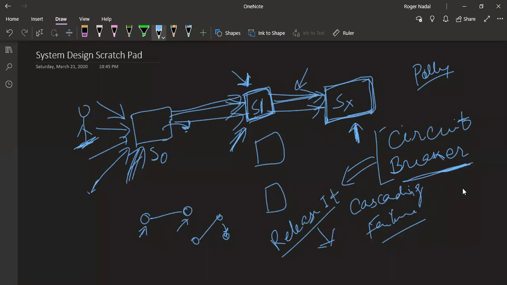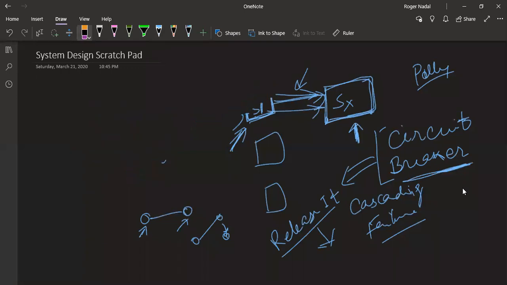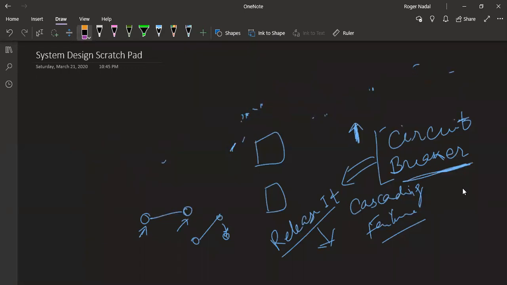Okay, with this, I think, what should we move to? Maybe one very important thing is capacity estimation. Right? In most of the design, you will deal with it.